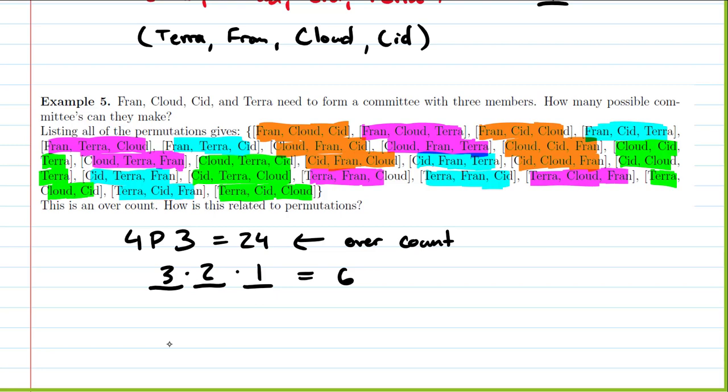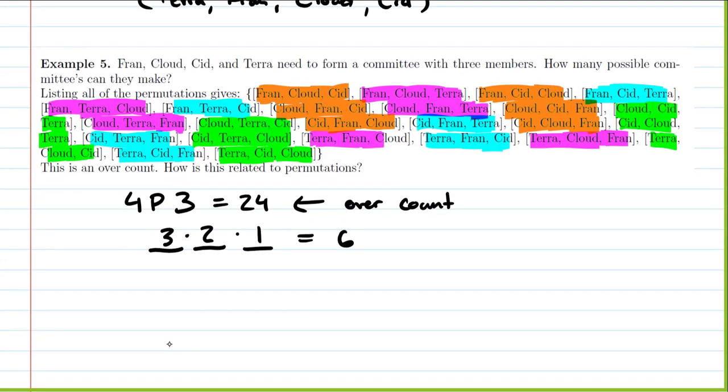So how many ways can you do that? 3 times 2 times 1. So that means we were counting all of those groups of 3 and overcounting them 6 times. So this was the size of each group that was overcounted.